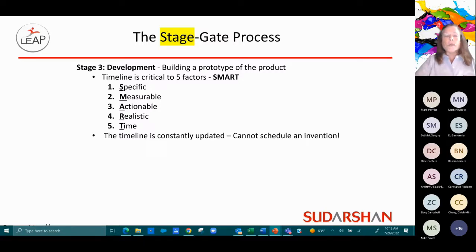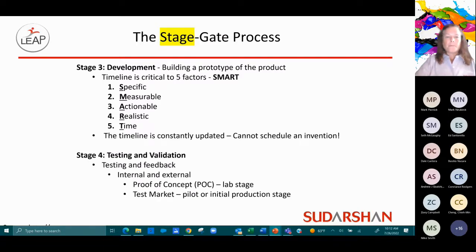The timeline always needs to be constantly updated. You've probably heard the statement, you can't schedule an invention. Things go awry within a development program. So when those items come up, it needs to be returned to the team, and those issues need to be evaluated, and any adjustments to timeline or direction need to be done along the way.